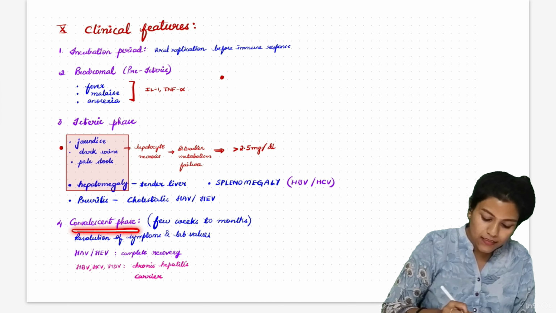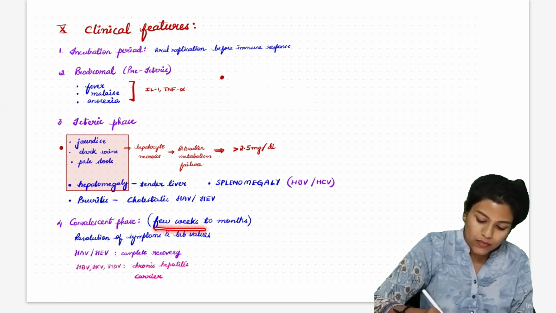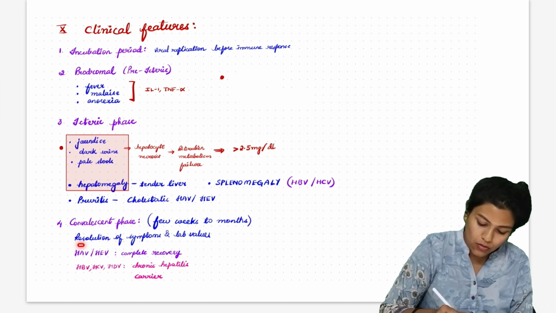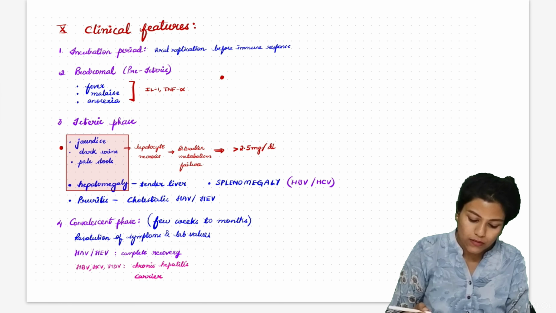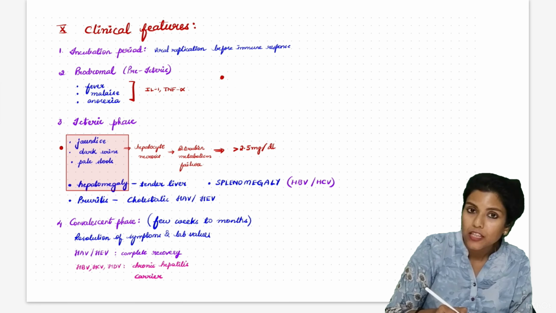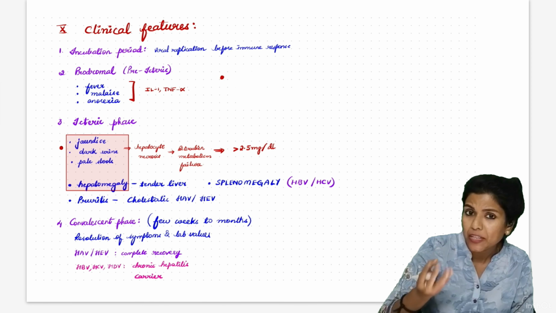Coming to the last phase, that is the convalescent phase, that is the recovery phase. It occurs over a few weeks to a few months, and there will be resolution of the symptoms and the lab values. And as we have discussed before, hepatitis A and E have a short incubation period and fecal-oral transmission; the shortest incubation period means it is self-limited. It has a complete recovery.